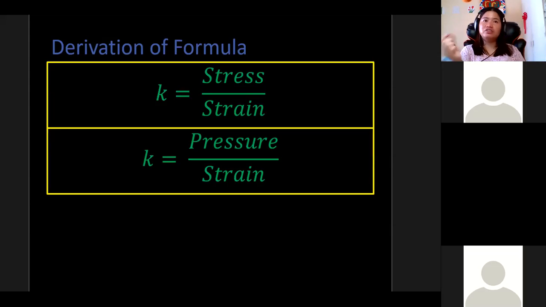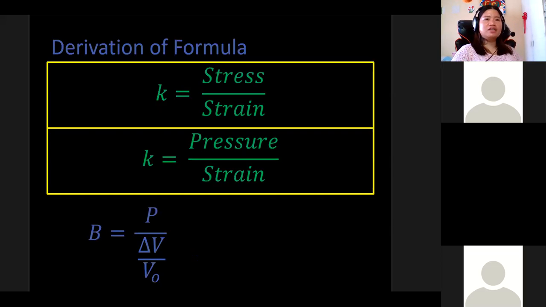However, if you notice, stress is just equal to pressure, so don't get confused with that one. Instead of computing P equals F over A for the force and the area, when you deal with bulk modulus, you will be given the pressure. You're no longer given the force and the area. So that is one thing that's unique about bulk modulus.